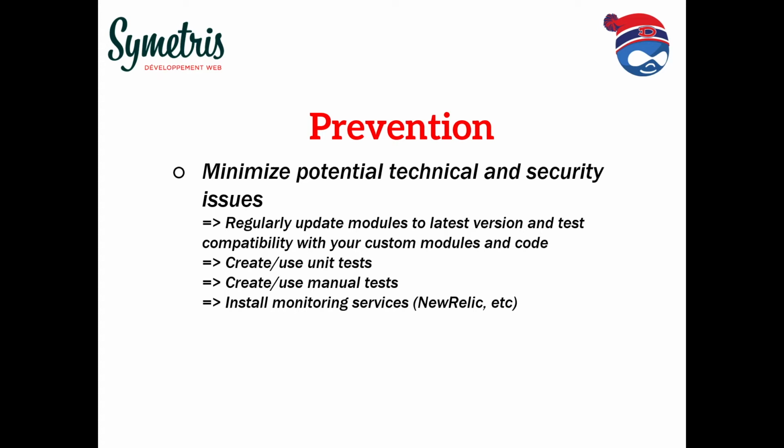Otherwise, create manual tests. Even if you're just enhancing the website here or there, the repercussions are not always clear as to where else on the website that change is going to have an impact. So you should have a series of manual tests you do each time, saying, let's check this and this and this every time we deploy.